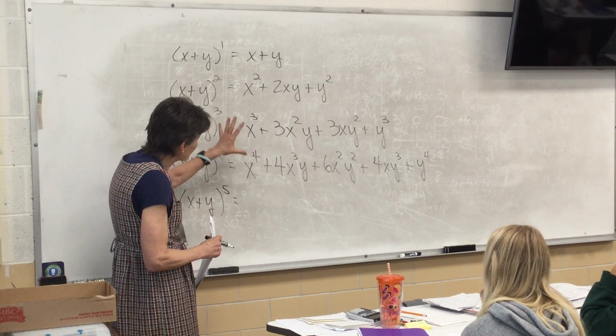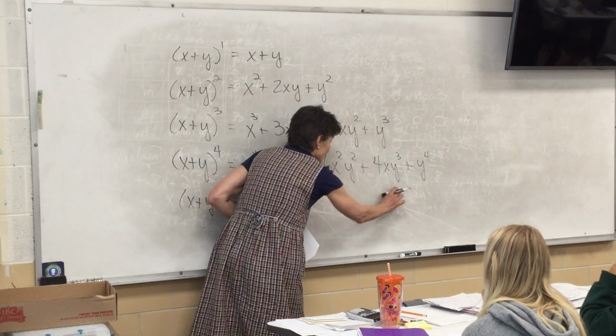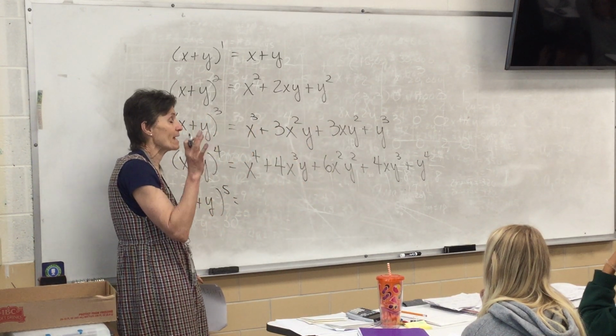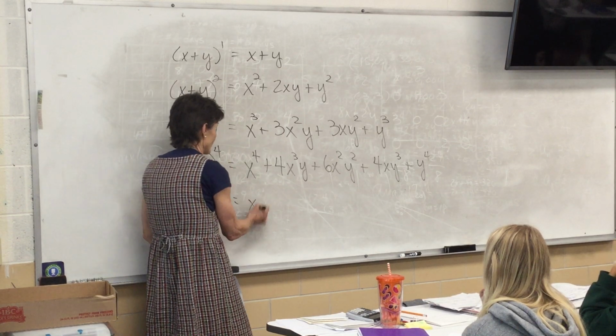Just observe what's happened so far. Can you tell me anything about this? Maybe not the whole line or every number in the line, but can you tell me anything about it? Sophia? It would start with x to the fifth. Yep.